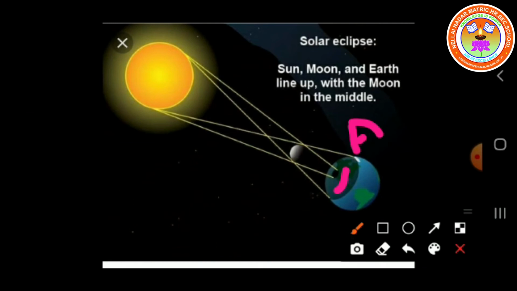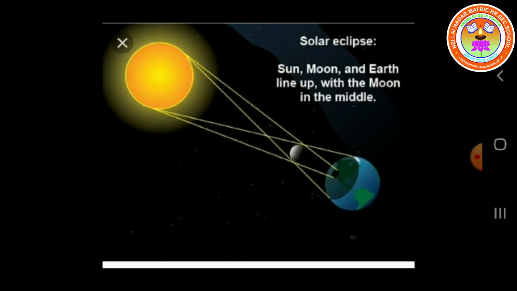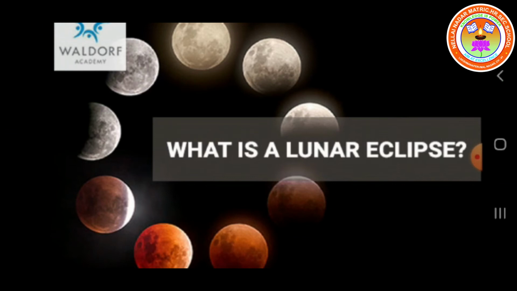Hence, those who are in region A are unable to see the sun. This is a solar eclipse. But those who are in the regions B and C are able to see the sun partially. I hope you understood about solar eclipse, students. Let me pass on to lunar eclipse.